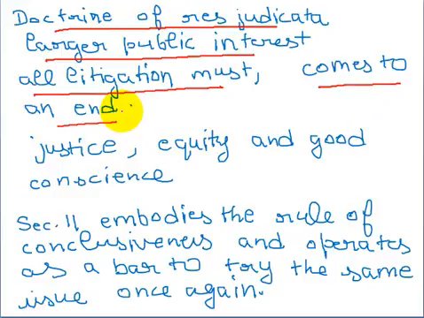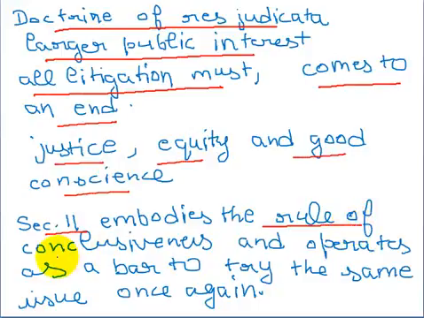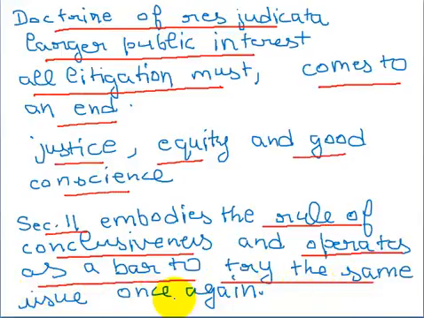The principle is also founded on justice, equity, and good conscience, which require that a party who has once succeeded on an issue should not be harassed by multiplicity of proceedings involving the same issue. Section 11 embodies the rule of conclusiveness and operates as a bar to try the same issue once again.